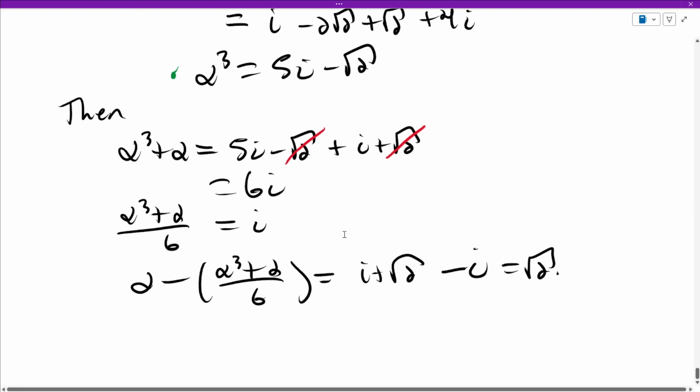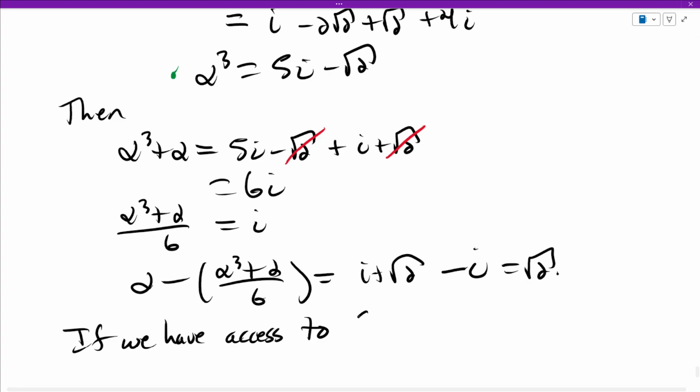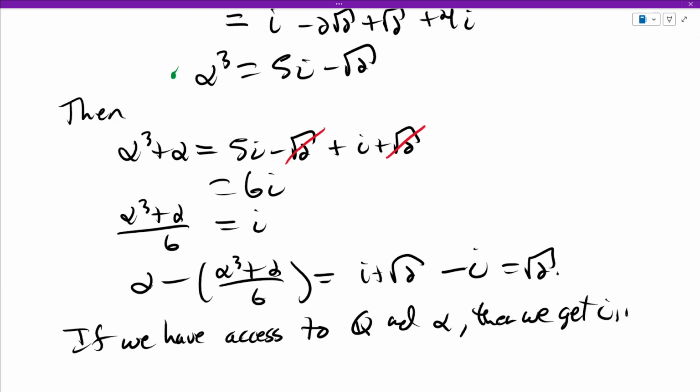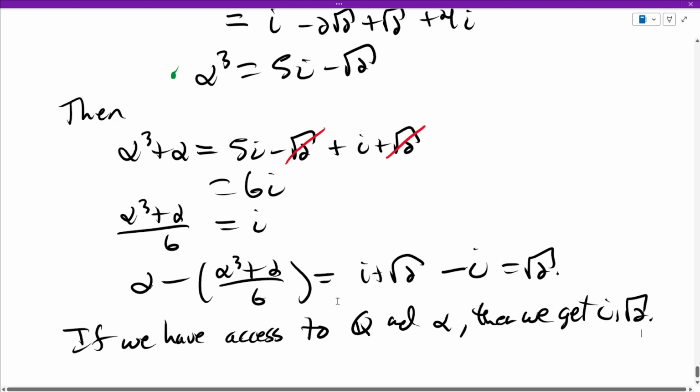What this is saying is, if we have access to Q and alpha, then we get i and root 2. We get those for free. Well, not for free. We had to do some work to show that we get them, but they're automatically included in our set. So really, to get access to i and root 2, in addition to Q, we just need Q and a single element, just alpha.